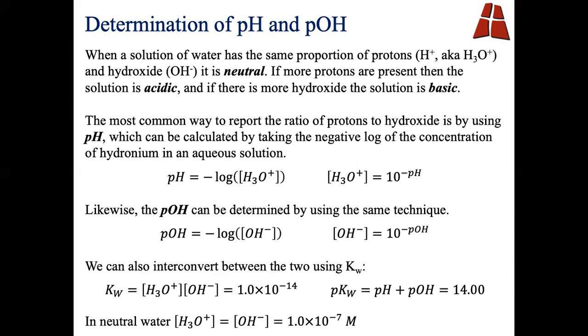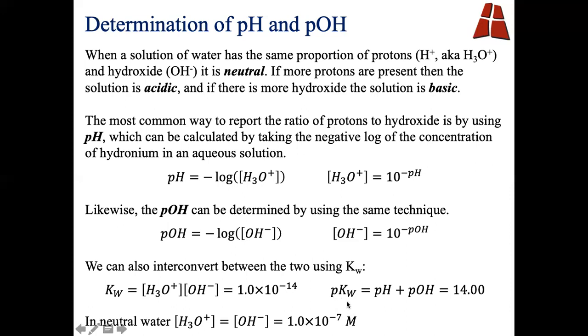We can also interconvert between these two using Kw. Like we defined in the previous slide, Kw is equal to the concentration of hydronium times the concentration of hydroxide. The value of Kw at room temperature is 1.0 times 10 to the negative 14th.